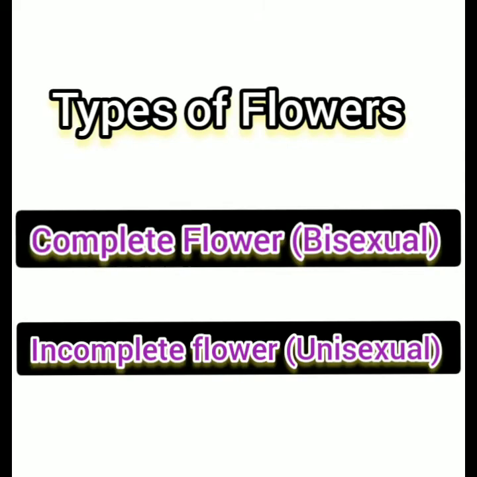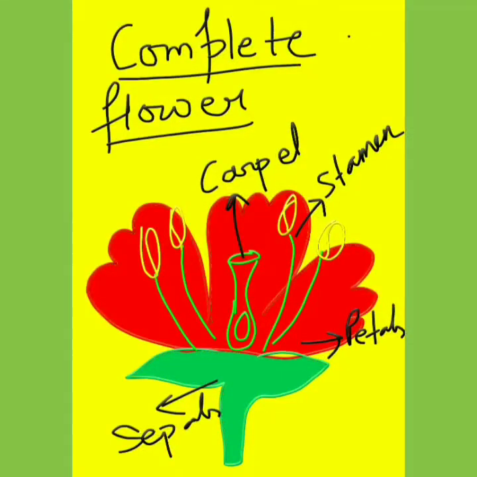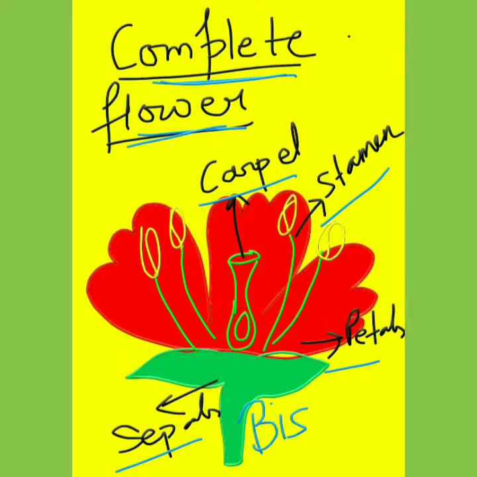So flowers are of 2 types, that is complete flower or bisexual flower and incomplete flower or unisexual. Next, what is complete flower? So a flower that has all the 4 parts, that is sepals, petals, carpel and stamen, is called a complete flower, or we also call it bisexual flower.